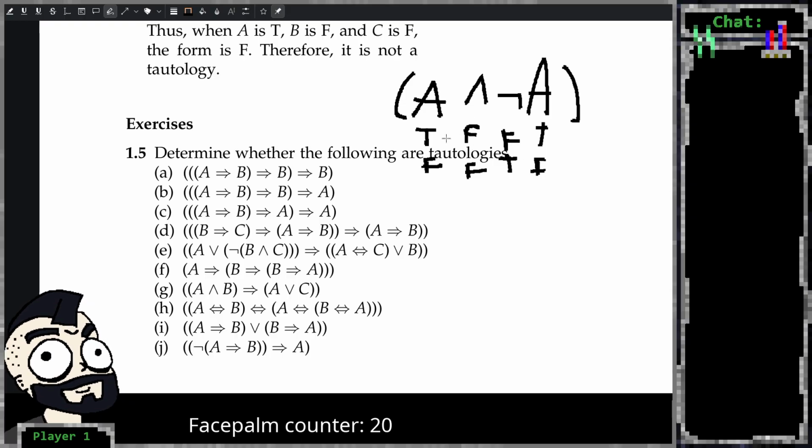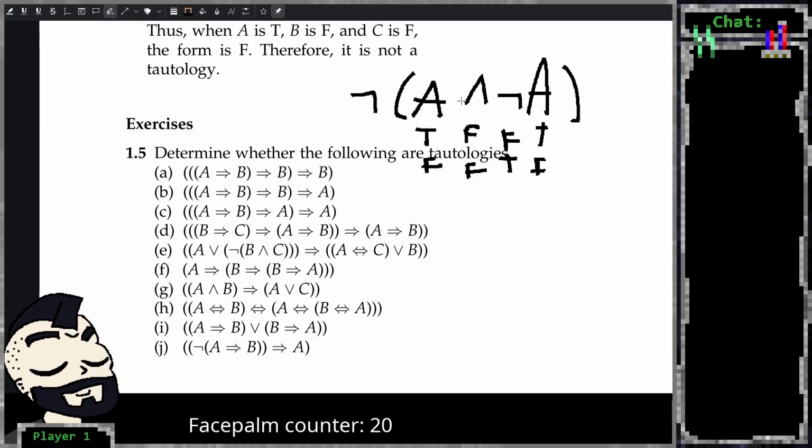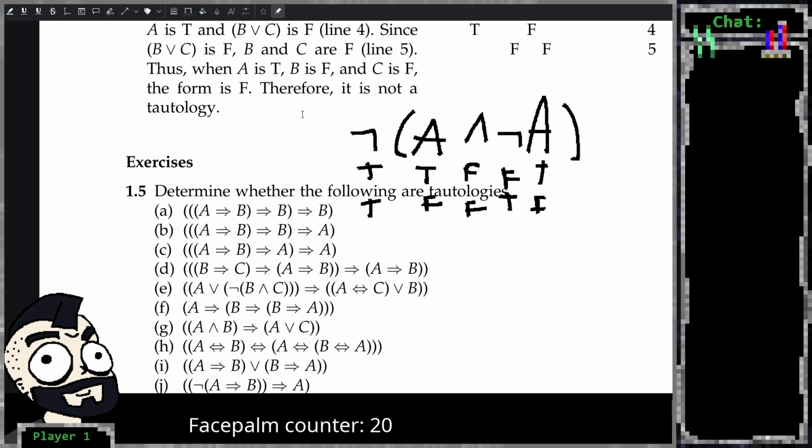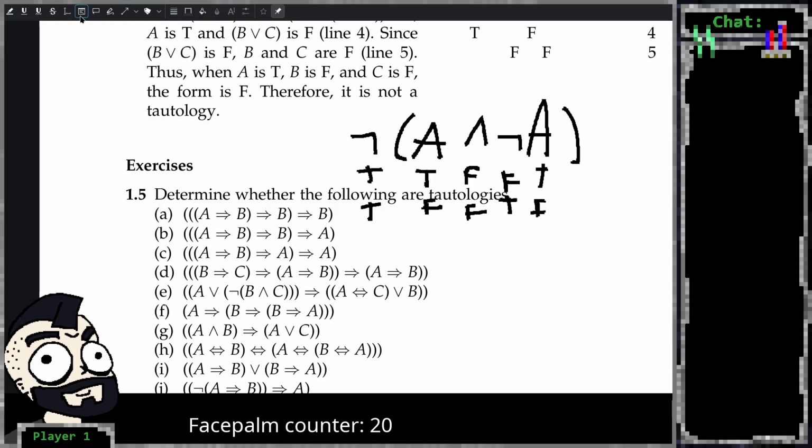So, if they're opposites and the negation switches, negating a contradiction gives us something that is always true. So A and not A is always false. Saying no to that is always true. So this is how this system expresses the law of non-contradiction, which is only a law if you believe in it.